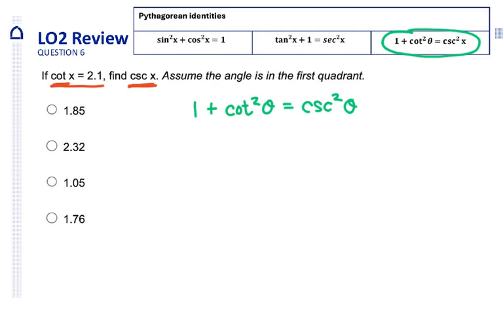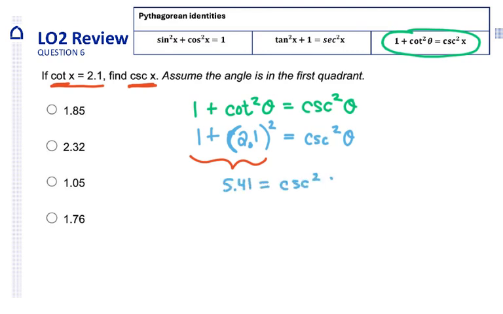So we will say 1 plus 2.1 squared is going to equal cosecant squared. Okay, so we'll simplify the left-hand side, and we'll get 5.41 on the left is equal to cosecant squared theta.